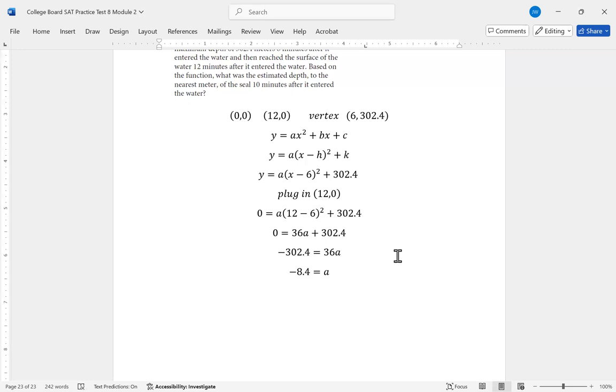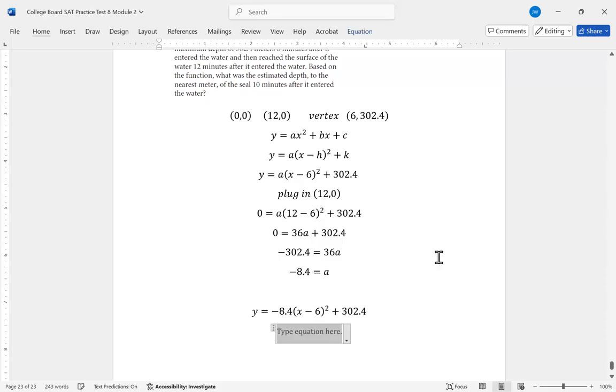So there we go. Now we know that the equation I'm looking for is y equals negative 8.4 times the quantity x minus 6 squared plus 302.4. That's going to give me my depth out as a positive number. Now, this is the function we're using. Based on this function, what was the estimated depth to the nearest meter of the seal 10 minutes after it entered the water?